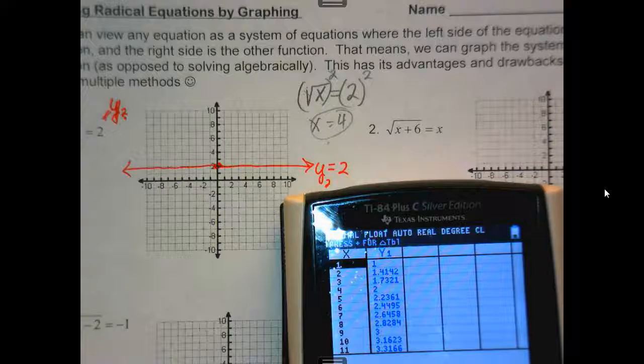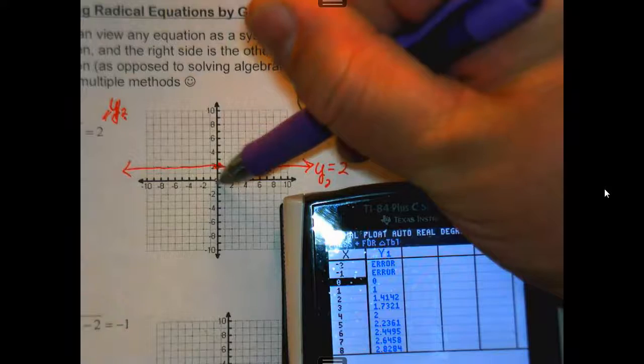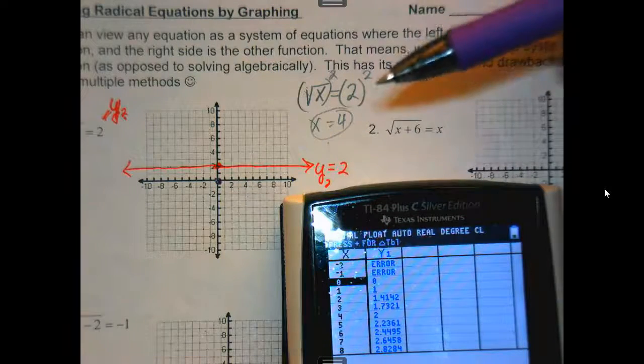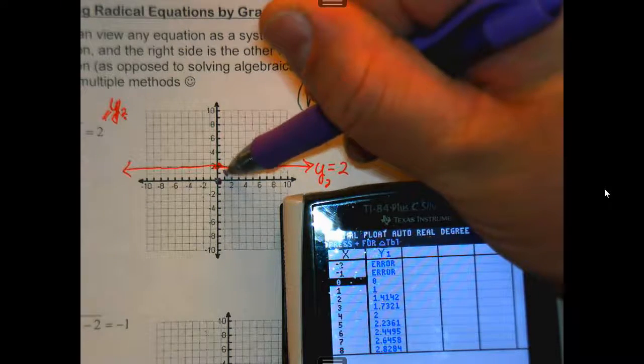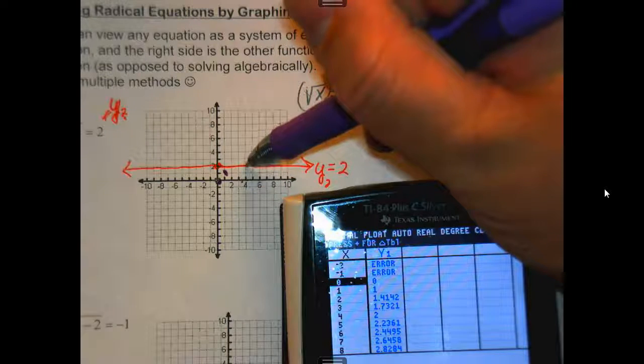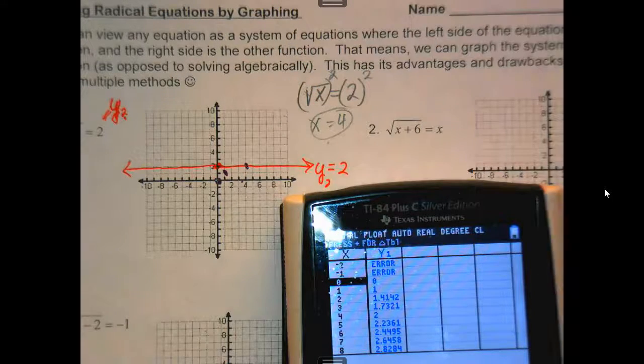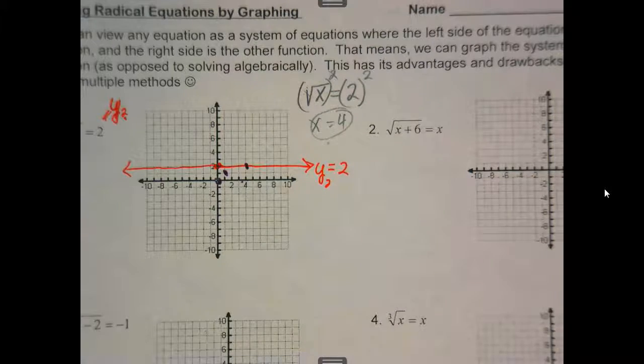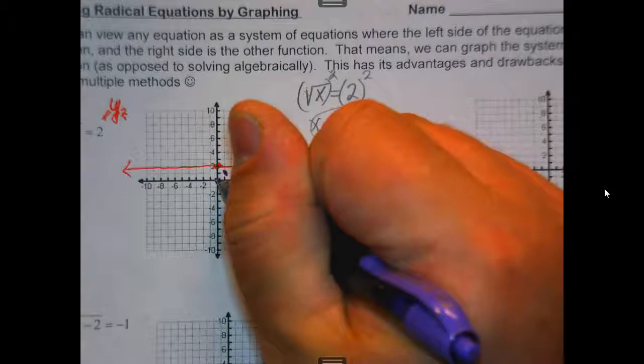We know our starting point is 0, 0. So 0, 0. 1, 1. 4, 2. I'm going to draw my square root function.